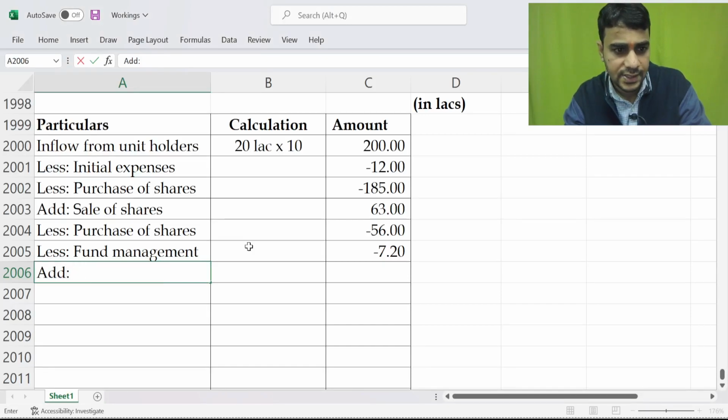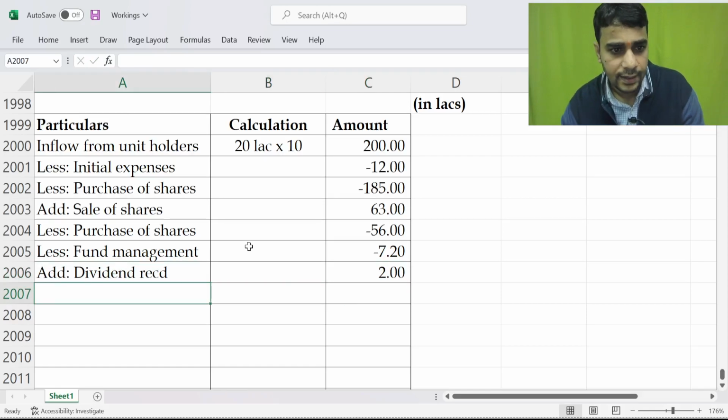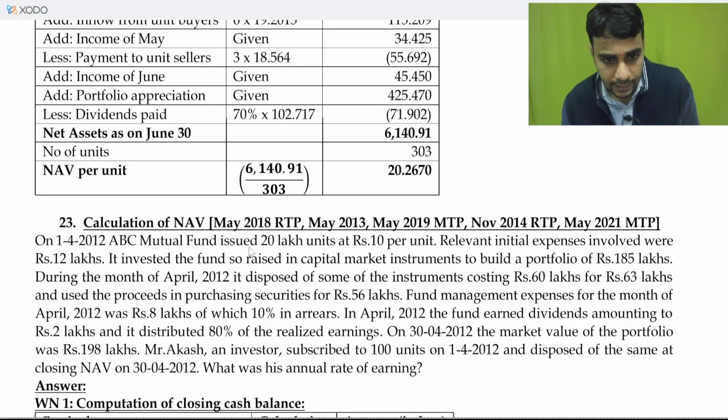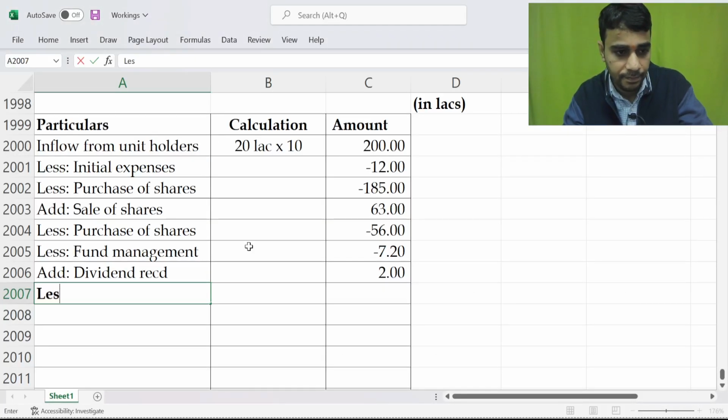Add dividend received, 2 lakh. Dividend received 2 lakh. And distributed 8. Distributed means dividend paid, less dividend paid.